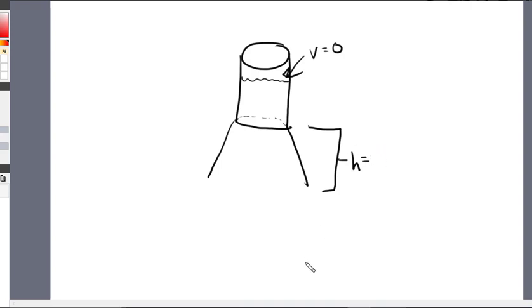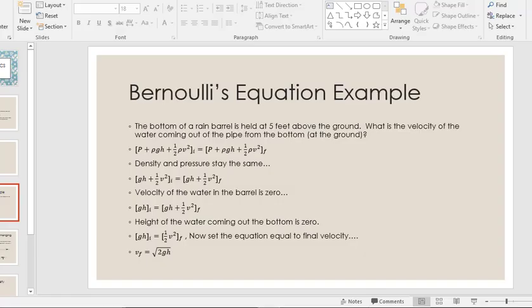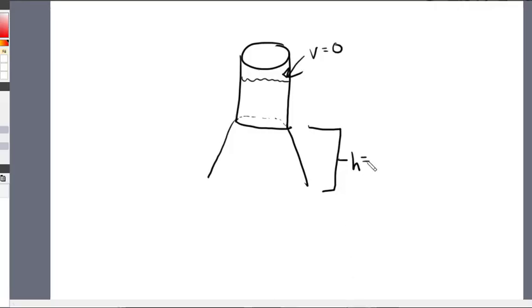I don't know what we used. 5 feet, oh, that's horrible, it should be meters. Anyway, I don't solve it out anyways. 5 feet, sure.